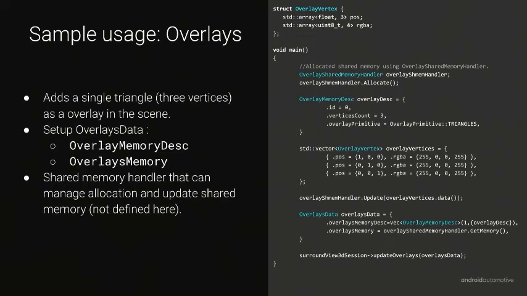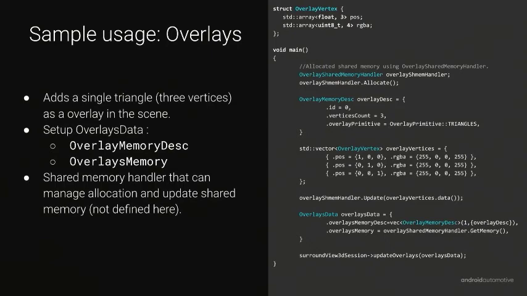And here we define the position and the RGBA values for each of those vertices. And we have three vertices here that will form a single triangle and has a red color with an alpha value of 255. And finally, we use this contiguous data to update it or map it onto the shared memory, which is done by the overlay shared memory handle update call.